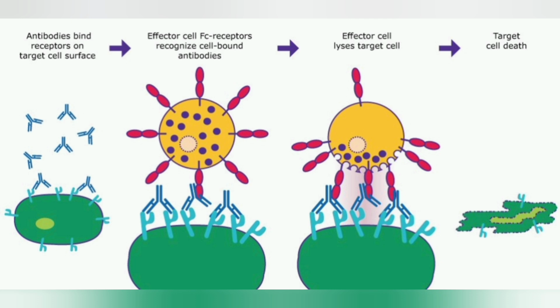In this process, antibodies bind to the surface of virus infected cells, and macrophages are the cells that recognize those antibodies bound to the virus infected cells, and then those macrophages kill the virus infected cells.